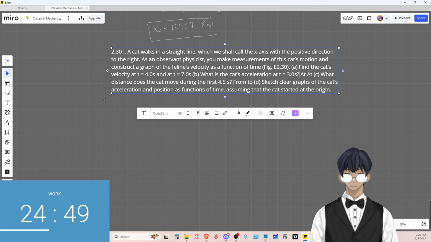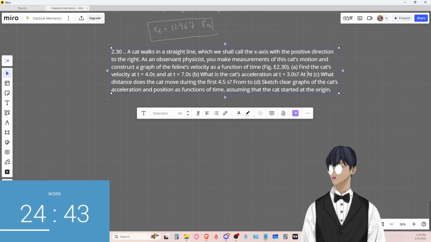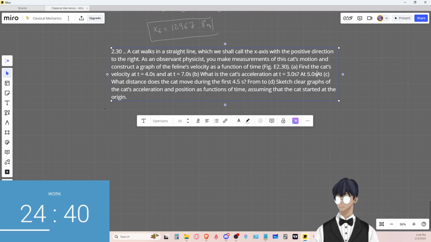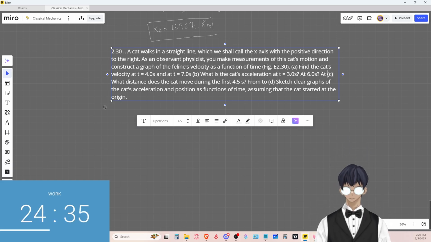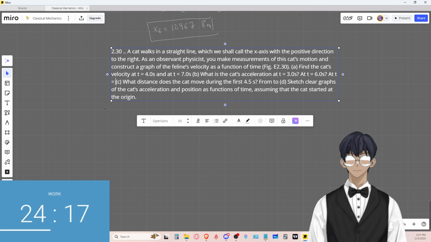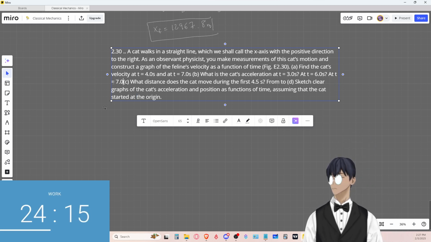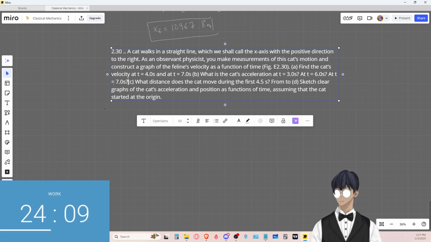And at 6.0 seconds. And at t equals... forgot to put the t there. T equals 7.0 seconds. Question mark.